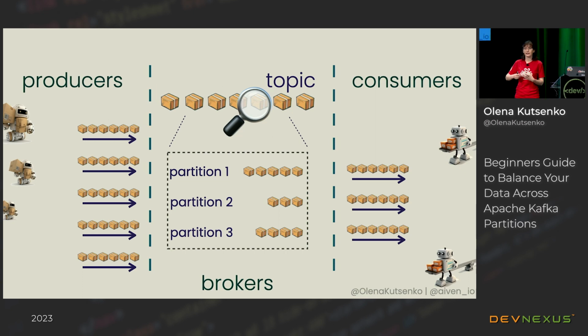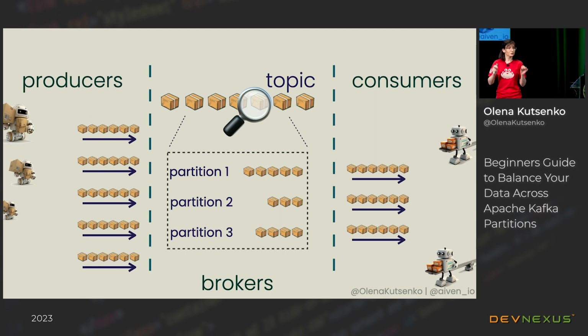We can also delegate the high availability questions, security, and scaling to data infrastructure providers, probably like Aiven. But to get the full flexibility of the system and the full power, you still need to put in some work and customize the platform using the provided abstractions. And one of the most important decisions you will have to make when working with Apache Kafka is how to partition the data.